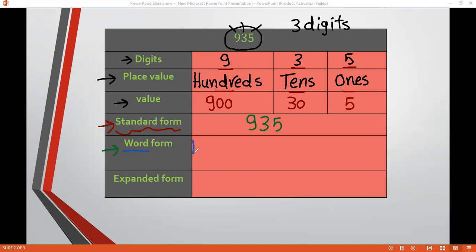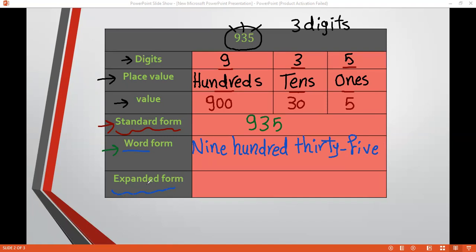So it will be 9, N-I-N-E, hundred, H-U-N-D-R-E-D, thirty, T-H-I-R-T-Y, and 5, F-I-V-E. Make sure that you know how to write all the letters, all the words here.